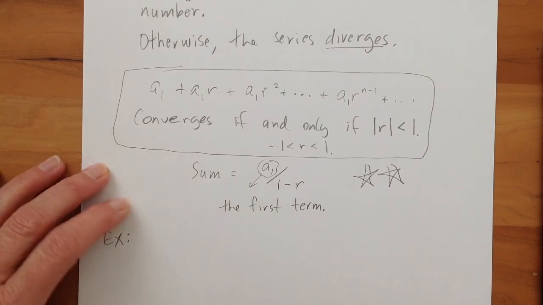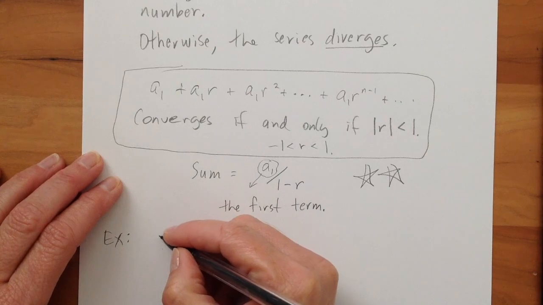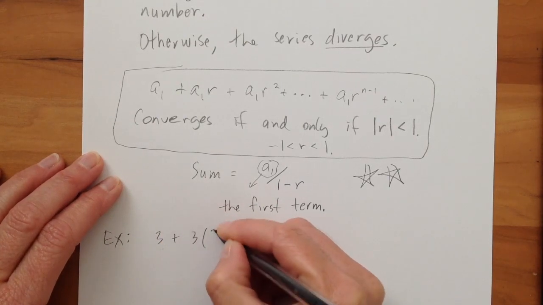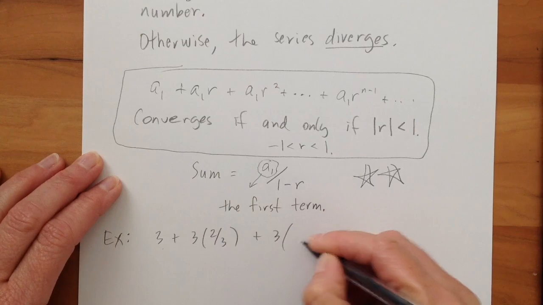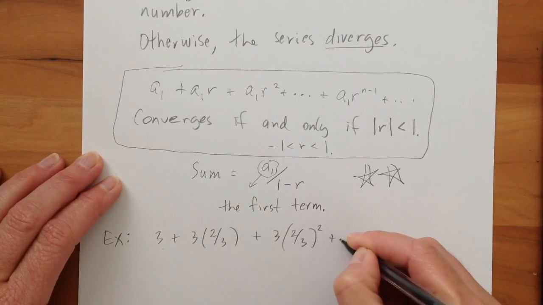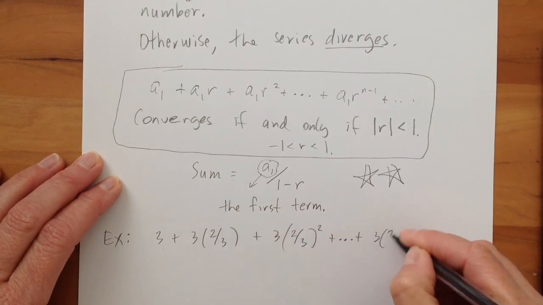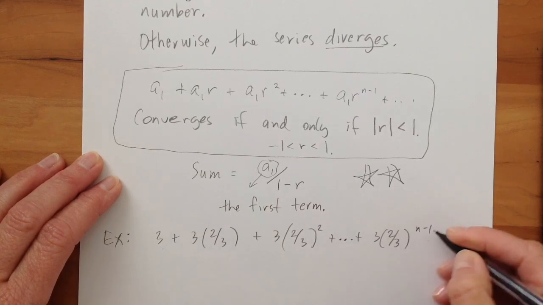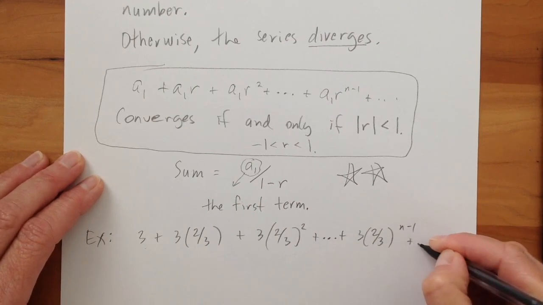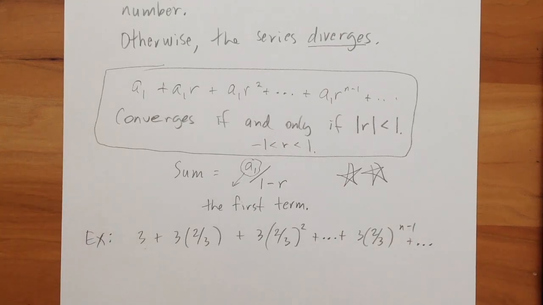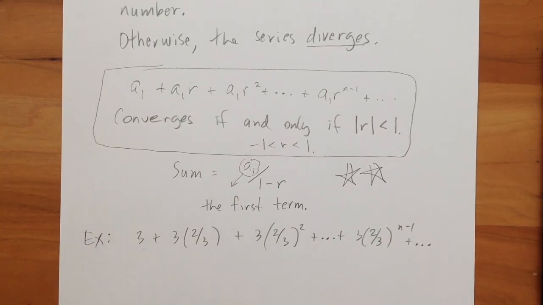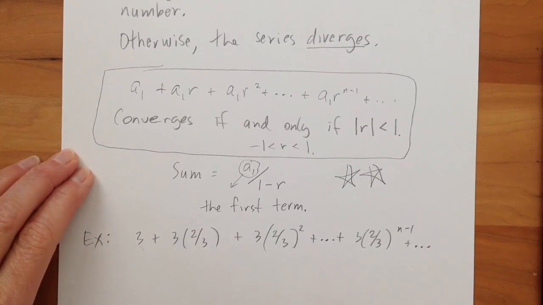So let's examine this series here. Does it converge? Does it diverge? If it converges, to what does it converge? Well, what is r equal to here? R is equal to 2/3.